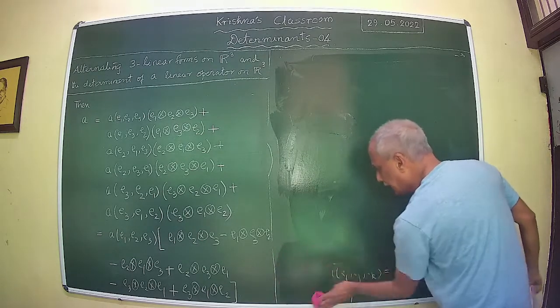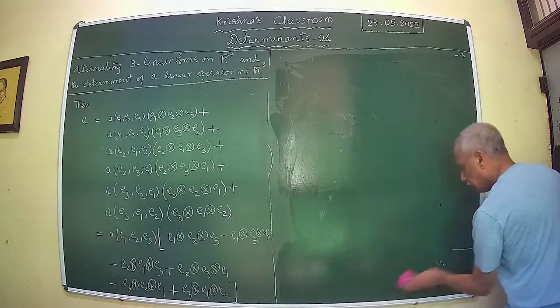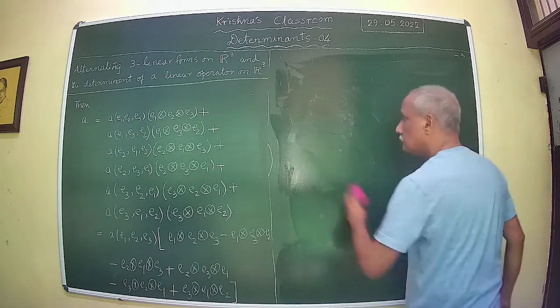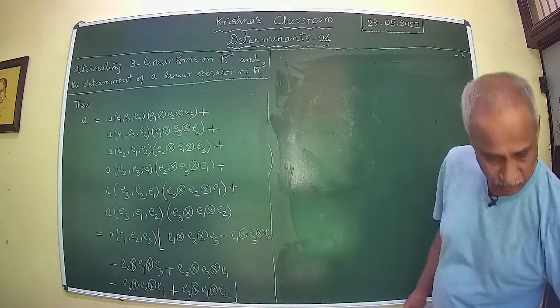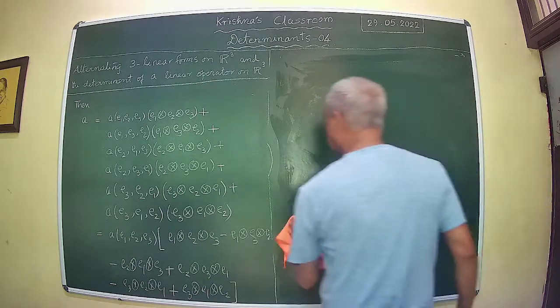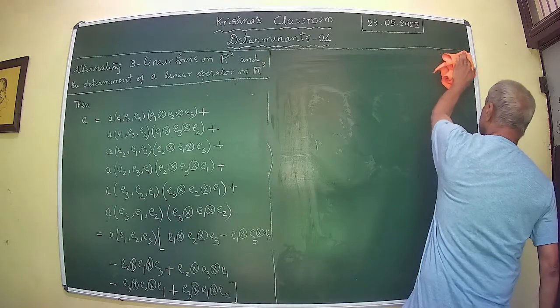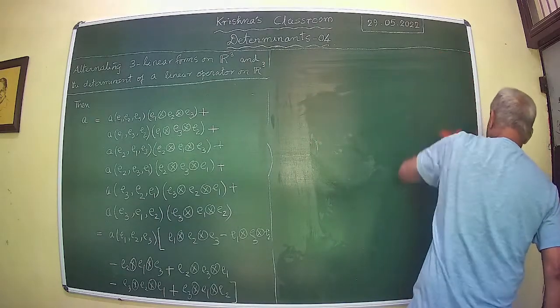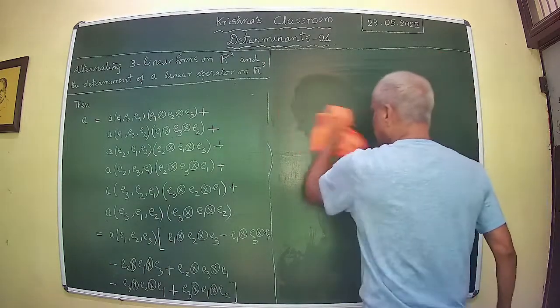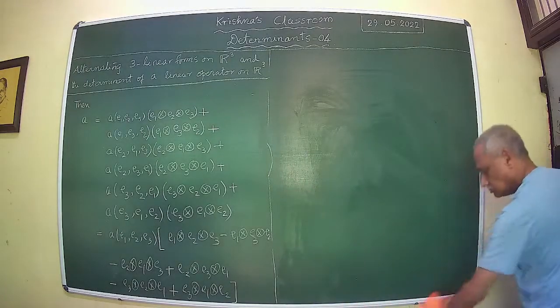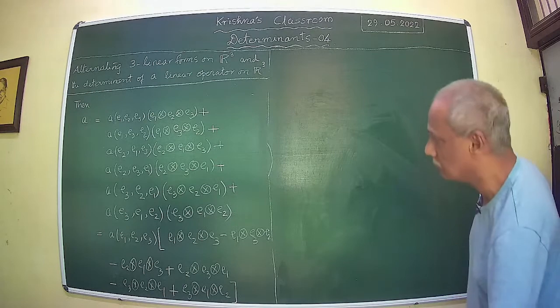So any A belonging to script A is a scalar multiple of a single 3-linear alternating form. That's what we have proved, which is not equal to 0.